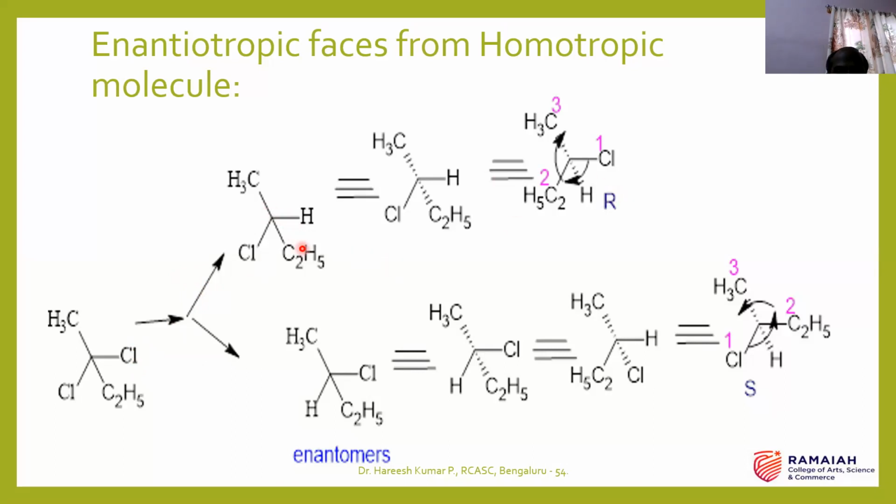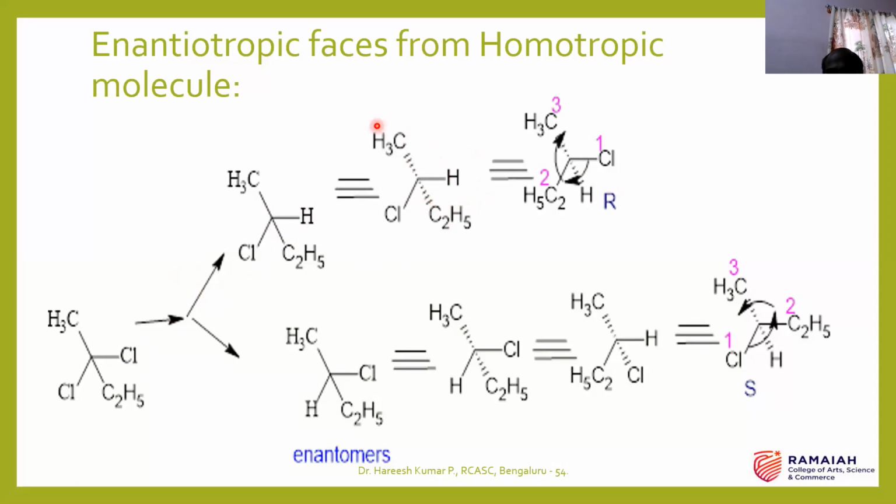That means this compound is obtained. If you want to know the configuration of this, you have to convert it into a fly-wing structure. This Cl should be towards the observer, these two groups are horizontal towards the observer, and these two groups are away from the observer.